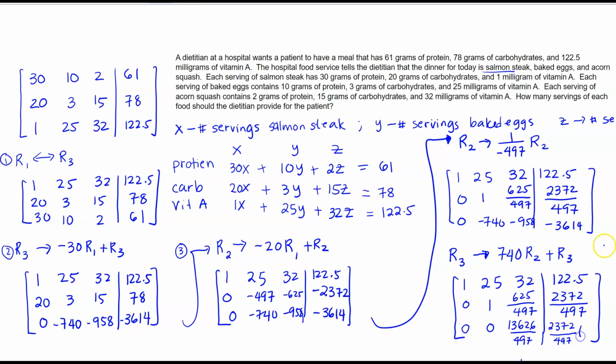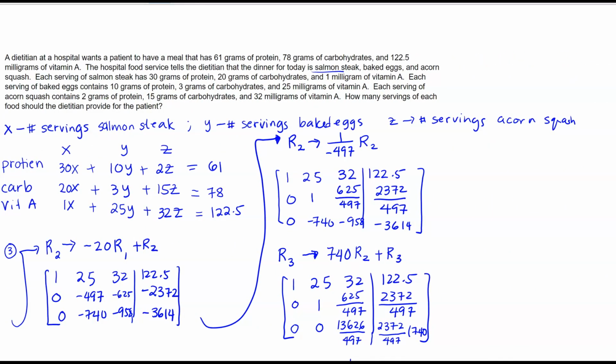You multiply that by 740, and then you subtract it. So multiply that by 740 and then you subtract it by 3614. Get the exact number. Okay, so this is the new matrix.